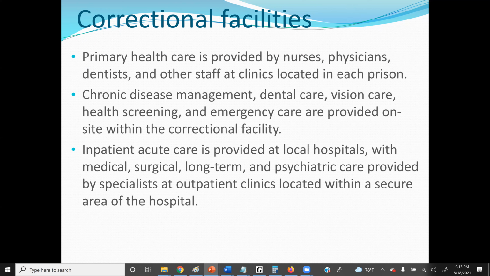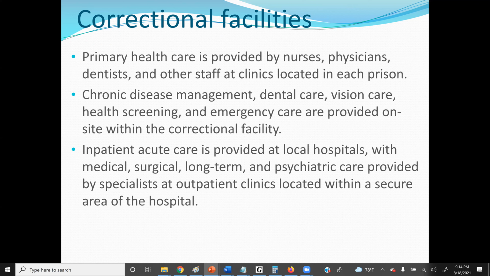So chronic disease management, dental care, vision care, health screening, and emergency care are provided on site within the prison or correctional facility. Inpatient acute care is also provided at local hospitals, with medical, surgical, long-term, and psychiatric care provided by specialists at an outpatient clinic located within a secure area of the hospital.